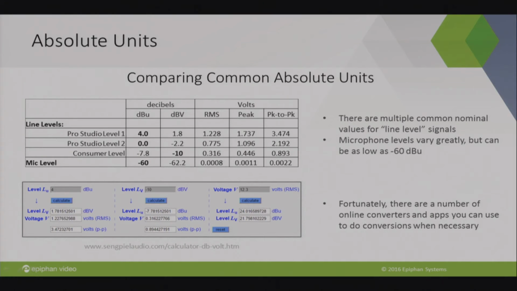Can you talk about the output from a phone or headphones or from a computer? Yeah. I'll flip back to this chart real quickly. So the basic consumer level, minus 10 dBV, is what you would get out of mostly things like tape decks or TVs. Out of something like a headphone jack, or especially an iPod output, it tends to be quite a bit lower.